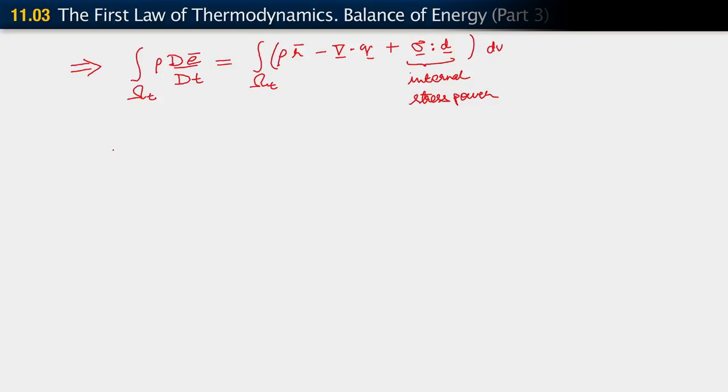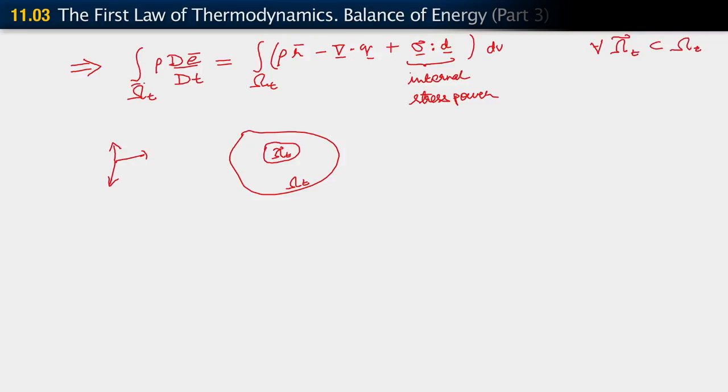Now we have our same old argument about localization. If this is the current configuration, we could have gone through all of these arguments for any subset. So this holds for all omega t tilde subset of omega t.